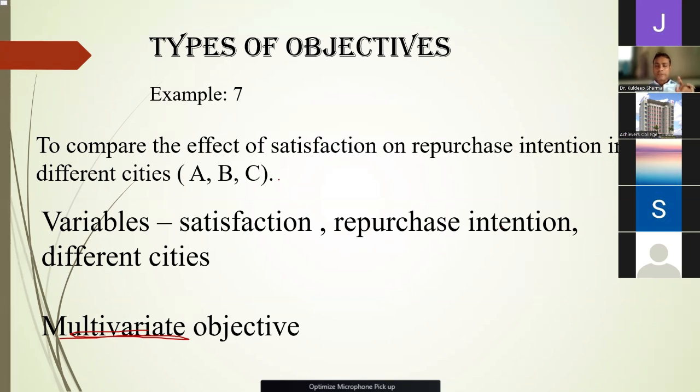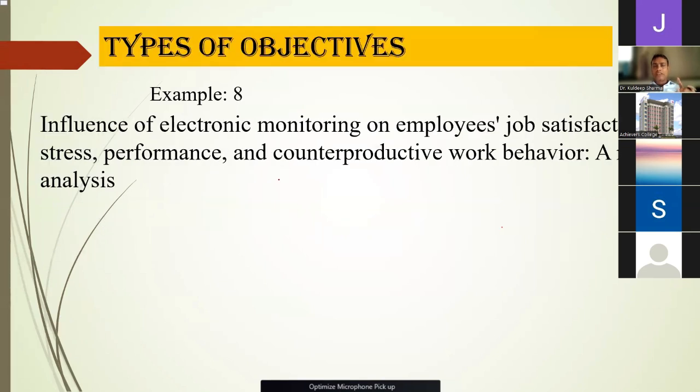Last two examples. I hope this time you are going to give me an absolutely correct answer. Influence of electronic monitoring on employee job satisfaction, stress, performance, and counterproductive work behavior: a meta-analysis.